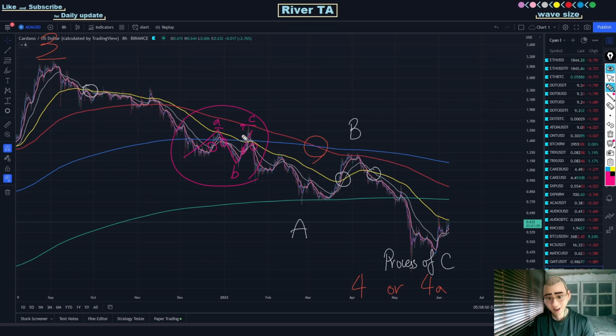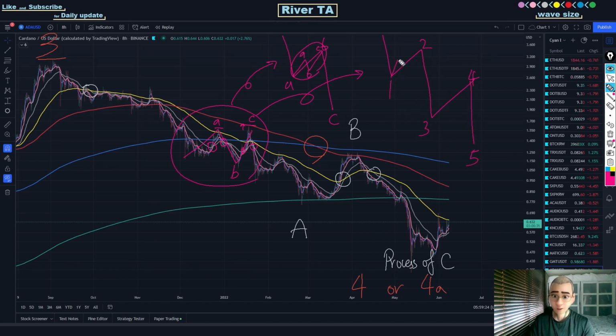So when it is a corrective formation in regards to a bigger trend that is towards the downside, in this case, it can be a formation of wave B in a 3-wave structure, A, B, C, this structure right over here, or it can be either wave 2 or wave 4 of a 5-wave structure, like this.